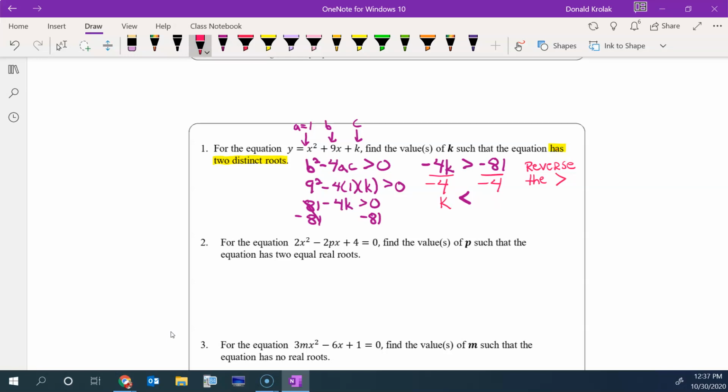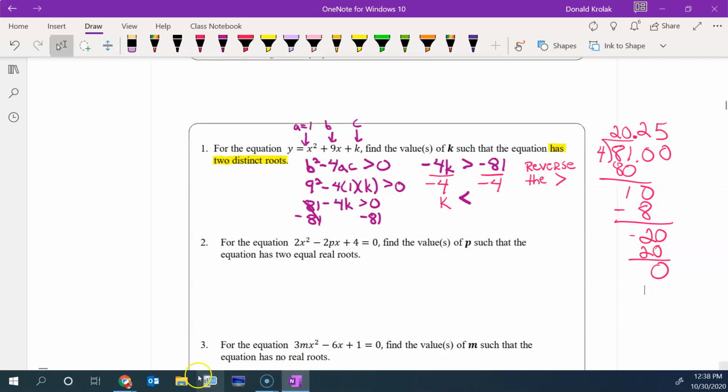K is going to be positive, okay, 81 divided by 4. 20.25. Or 20 1/4. And we thought it was somewhere around 20 when we were doing it on Desmos.